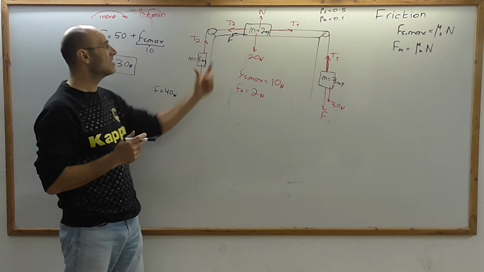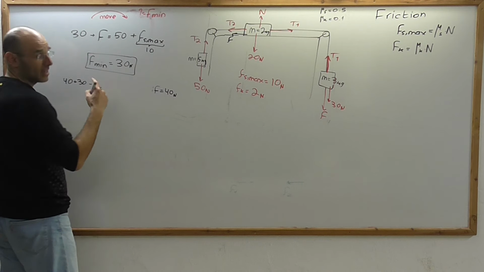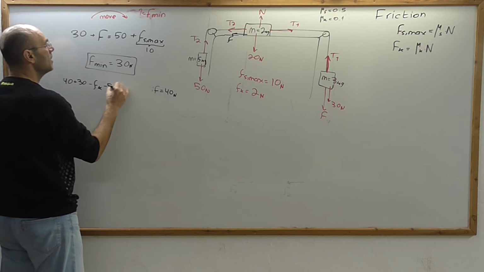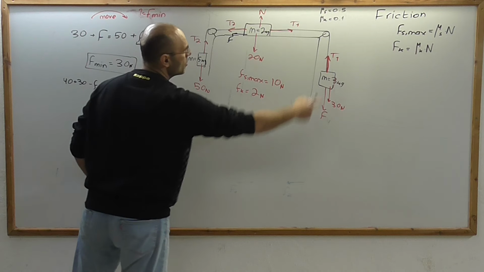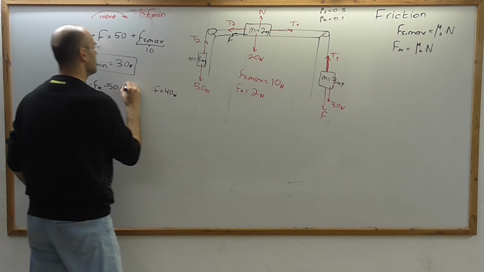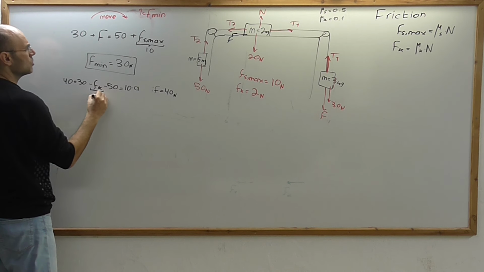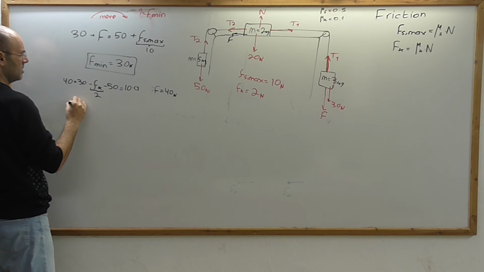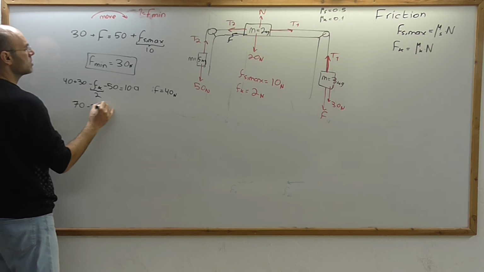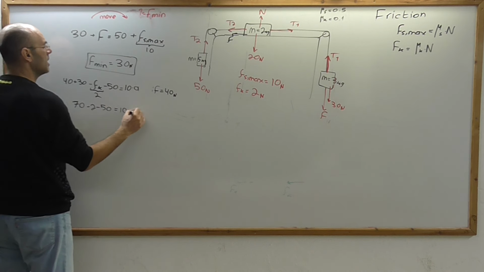I'll write 40 plus 30, all the forces in this direction, minus all the forces in that direction, which is F kinetic now because it moves, minus 50, equals the mass of the system, which is 10, multiplied by A. F kinetic is 2. So it's 70 minus 2 minus 50 equals 10A, and A equals, never mind.